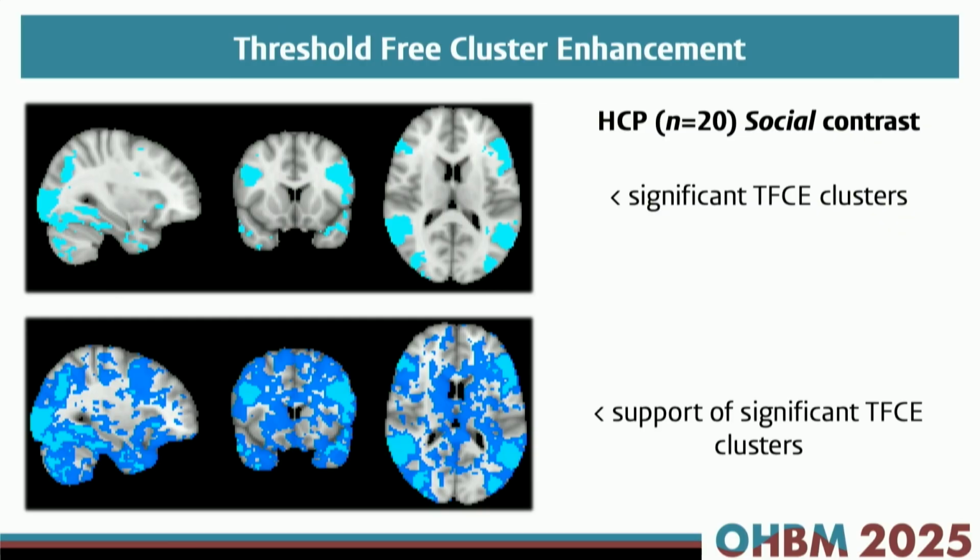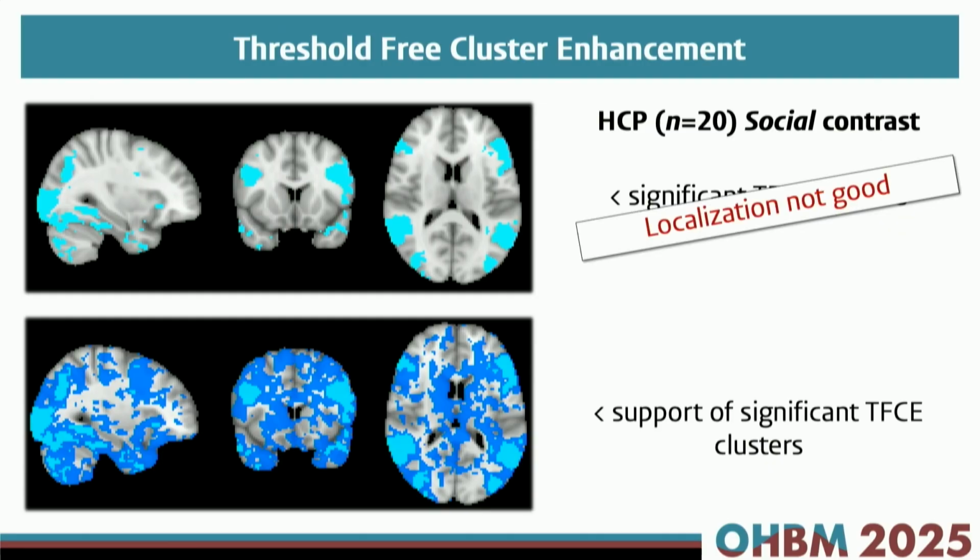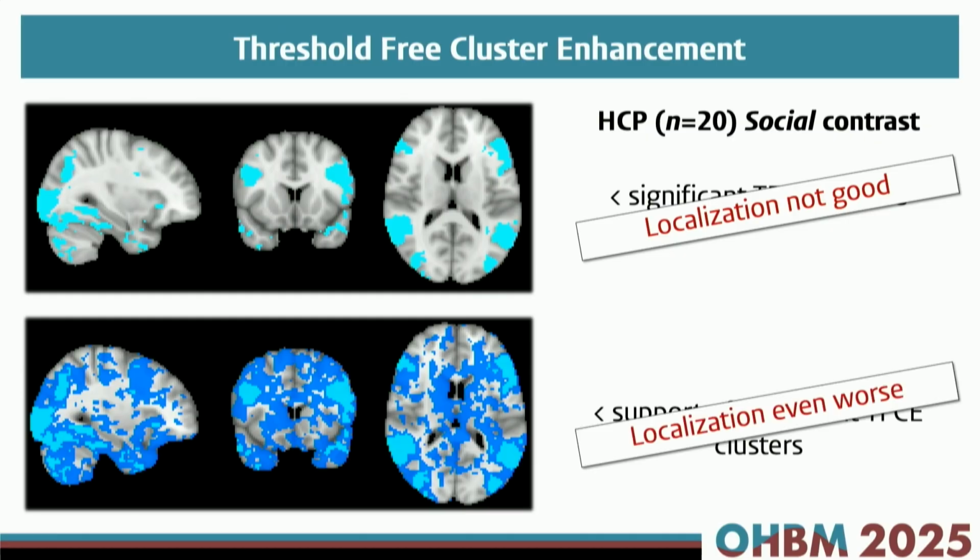You just know that there's at least one voxel in the cluster that is significant. So localization is not very good if you find large clusters. And for TFCE, this statement goes for all the voxels that make up the support as well. So instead of having a spatial problem where at least one voxel in this cluster is active, the regions that we now have to make that statement on are much larger. So the spatial specificity of TFCE is even worse than for standard thresholding. And this is a bit of an issue if you want to make statements about where activation in the brain is.